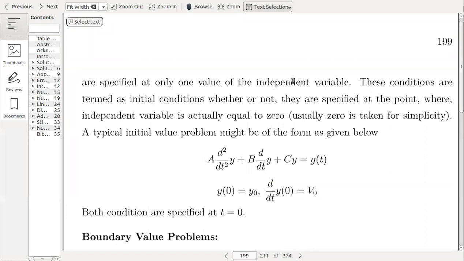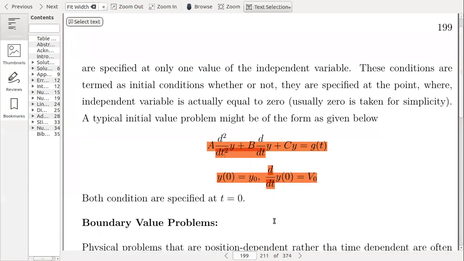Just observe that in both conditions we have the values at one value of the independent variable. Both conditions are specified at t equal to 0. That is why this problem is considered an initial value problem.